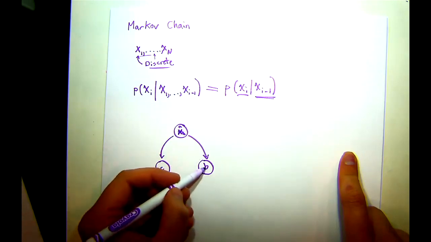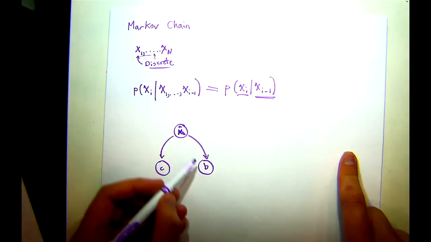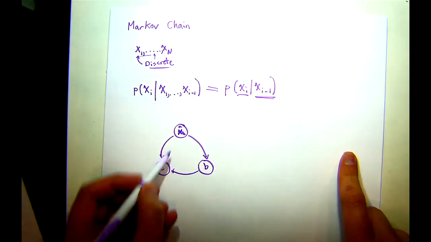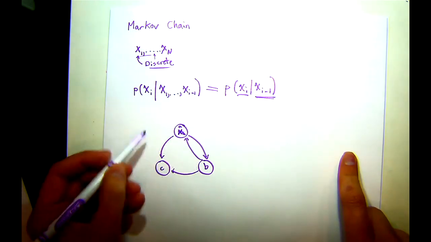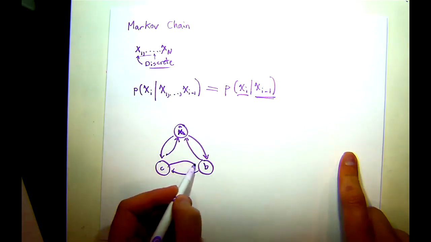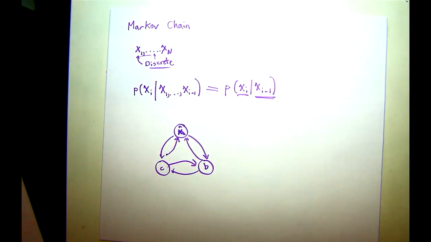You go from an A and you emit a B. If you're in B, if your last thing was a B, you have some probability of going to C, and some probability of going back to A. So you could think of these probabilities as just a state diagram of moving around between the different states, given your current state.